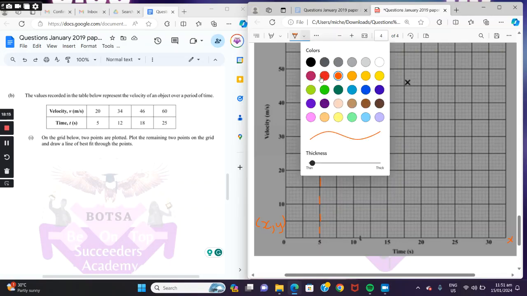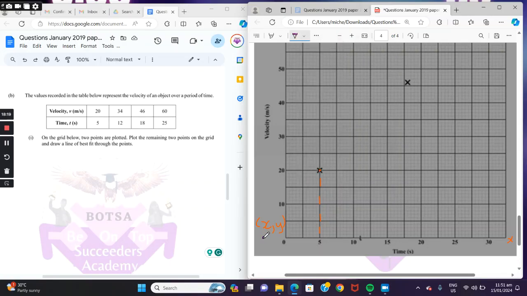Let me change the color because that color looks too light. So the X value is going to be 5, right? And the Y value, the Y coordinate, you trace from the point to the Y axis, you get 20. So that's this point here, where X is 5 and Y is 20.